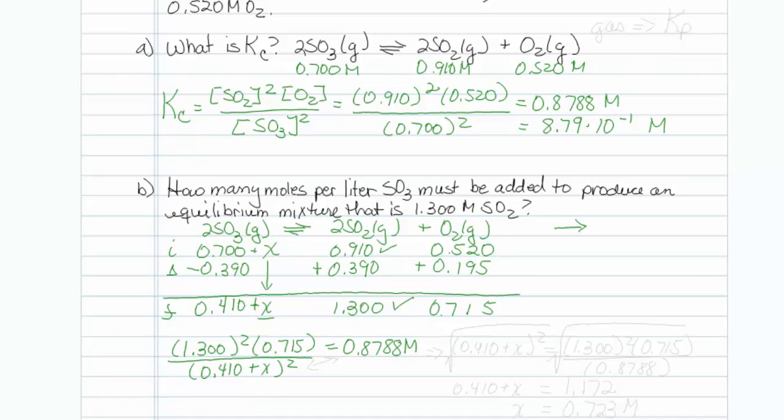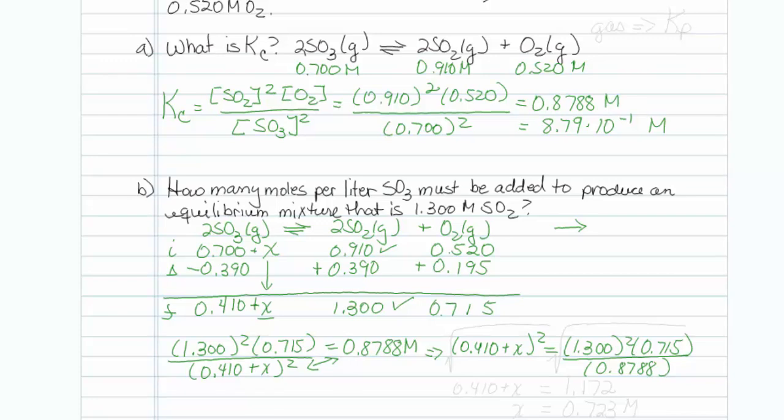The easiest thing to do is to rearrange this such that my x's are on one side. So I will write 0.410 plus x squared here, and then on the other side I need to write 1.300 squared times 0.715 divided by 0.8788. Okay, so I've just essentially switched places for my x and my equilibrium constant.